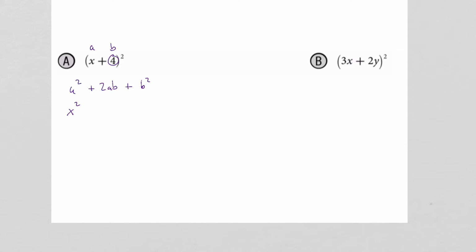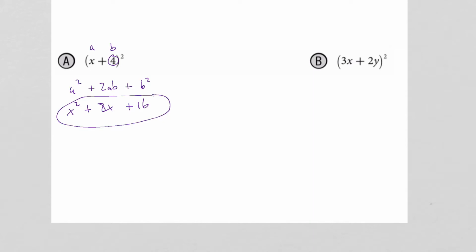And what's 4 squared? 16. And then all we have to do is the second part: this is 4 times x times 2. What's 4 times x times 2? 8x. Boom, done.